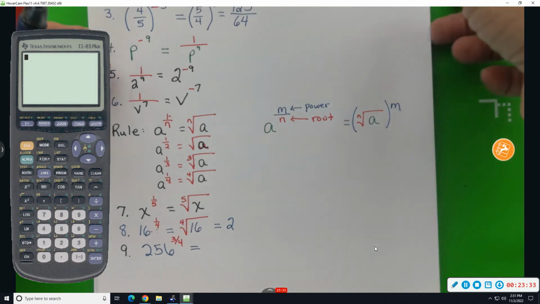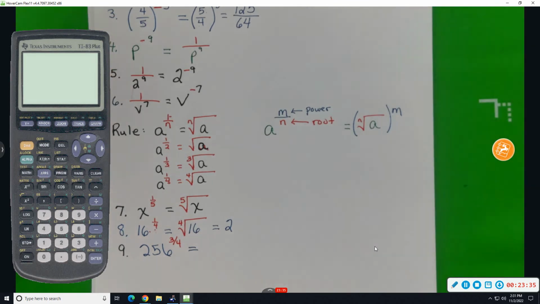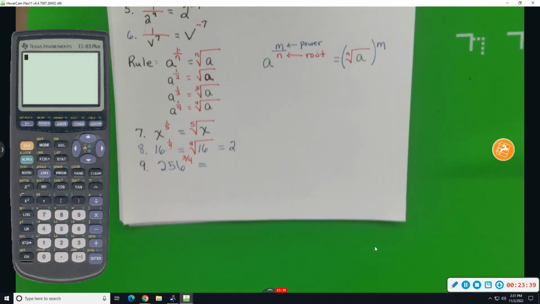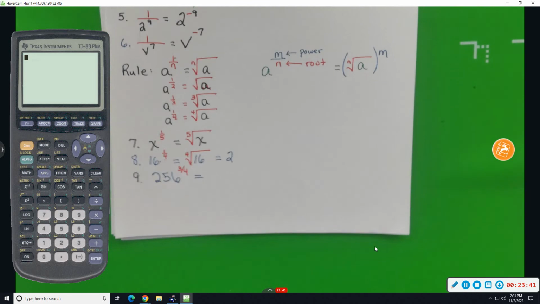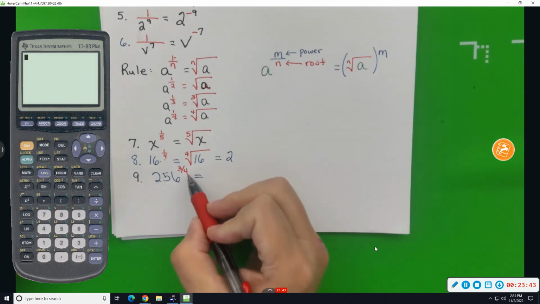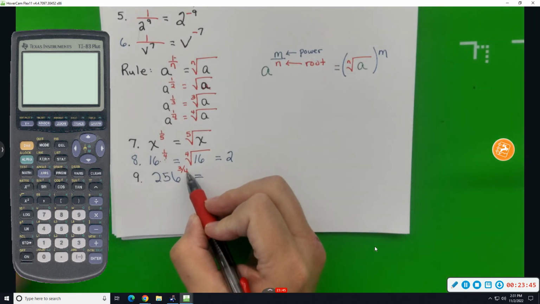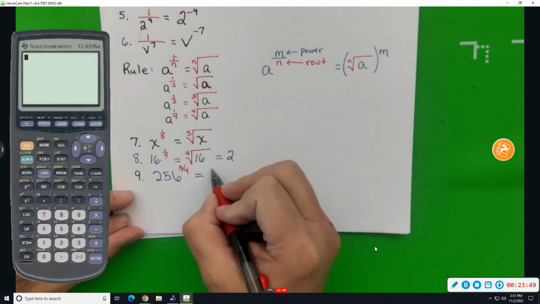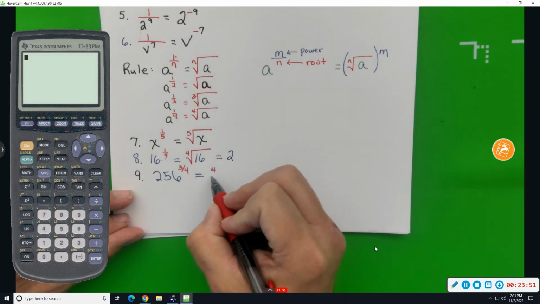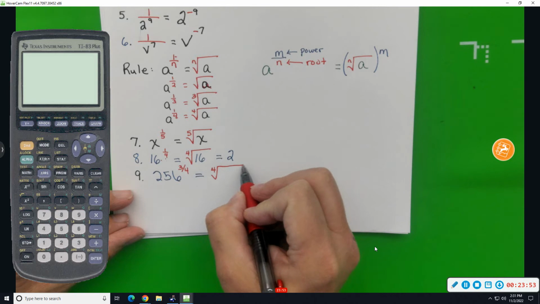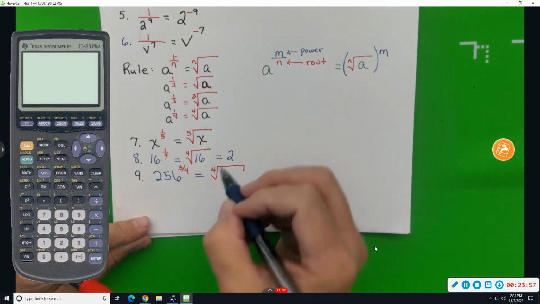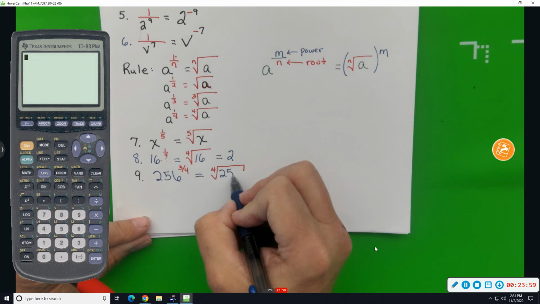Okay, let me adjust this camera so I have more. There, okay. That 4 is the index on the radical. So just like on number 8, we're going to have a 4th root of 256. That's the radicand.